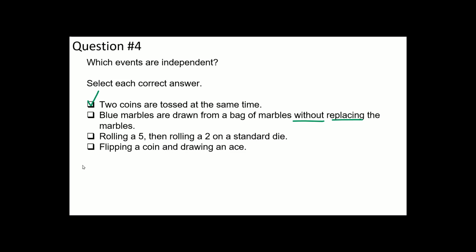That's not an independent event. Rolling a 5, then rolling a 2 on a standard die is independent. We're not taking anything away. The last one, flipping a coin and then drawing an ace, again, we're not taking anything away, and flipping this coin does not have any effect on drawing the ace.